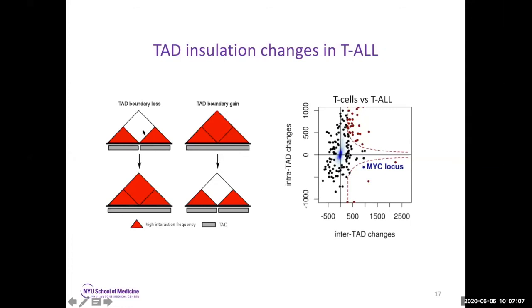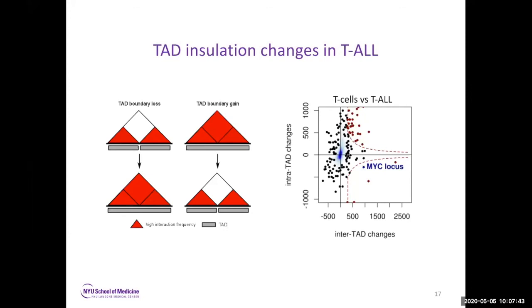We could have, for example, what we call a TAD boundary loss and a fused TAD, or exactly the opposite, basically a TAD boundary gain and a gain of a TAD boundary with a CTCF site, and the schism that happens leading to basically two smaller TADs. The first thing that we've actually seen is that we have seen quite a few genes that appear to be tumor suppressors and oncogenes that actually follow these patterns.